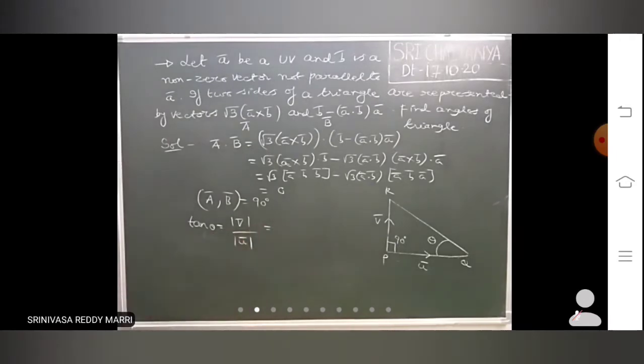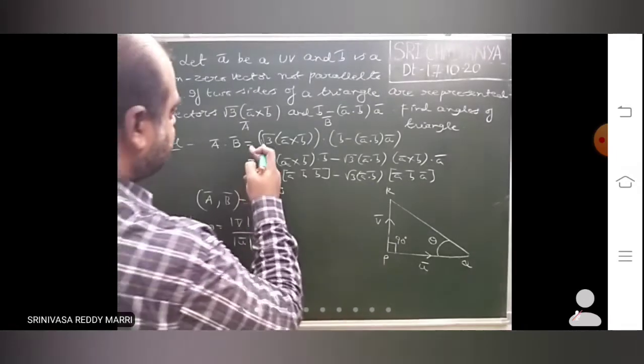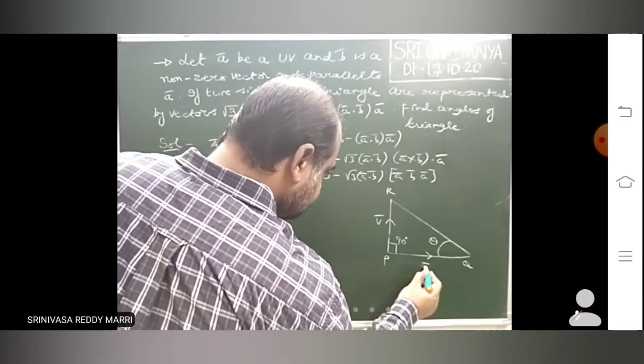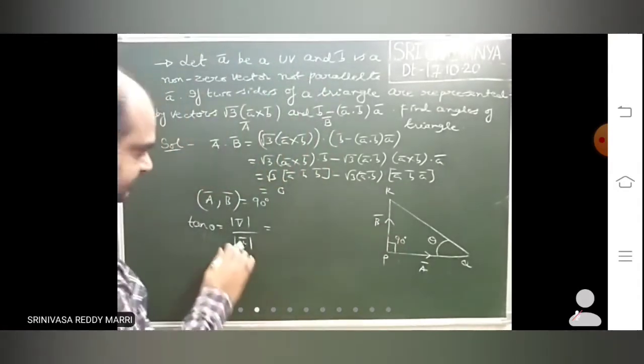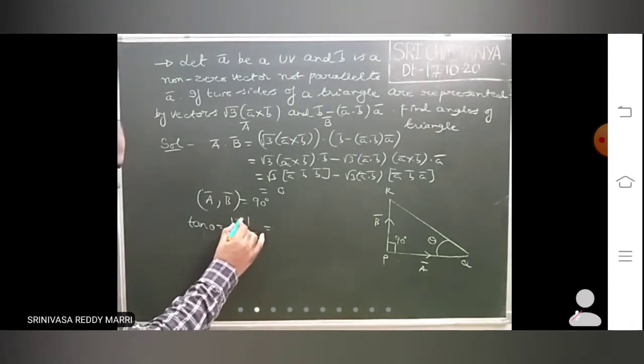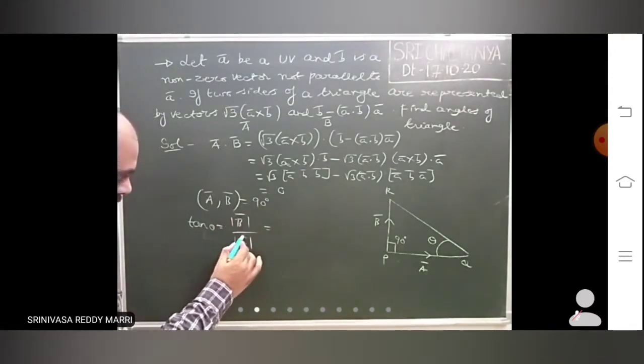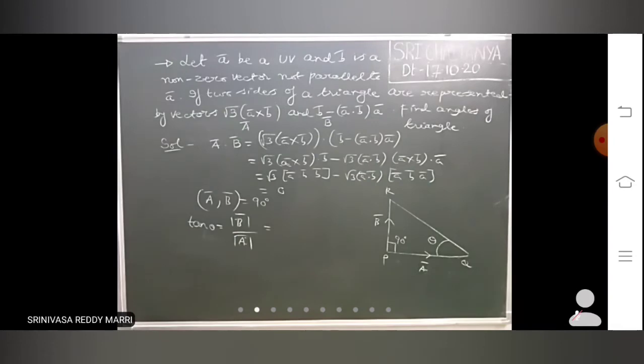That means modulus B bar divided by modulus A bar.